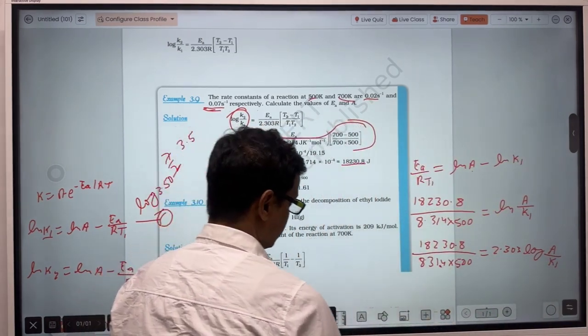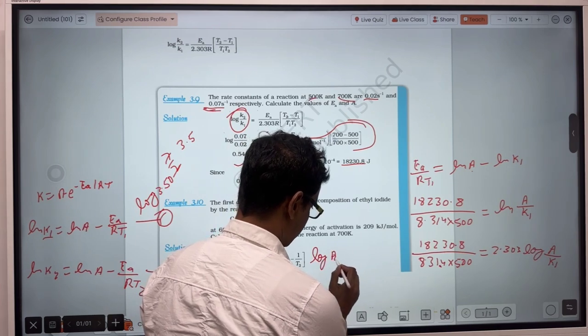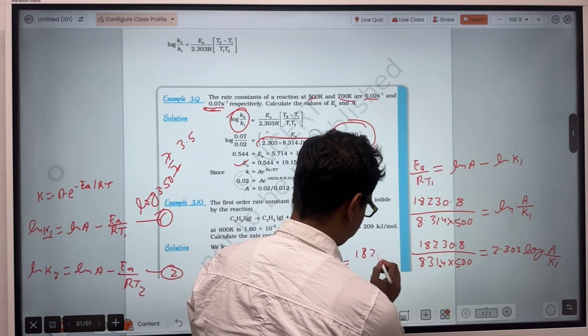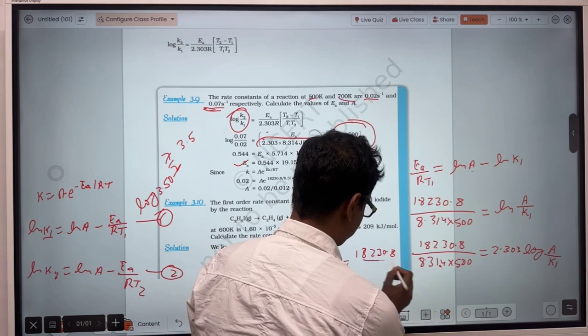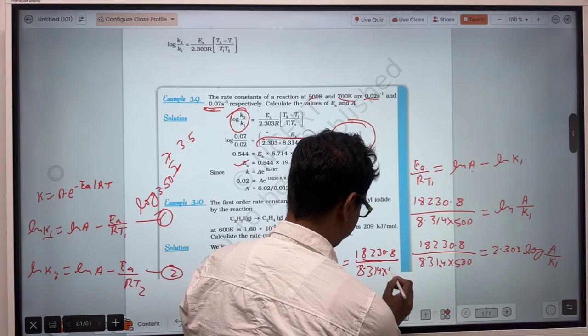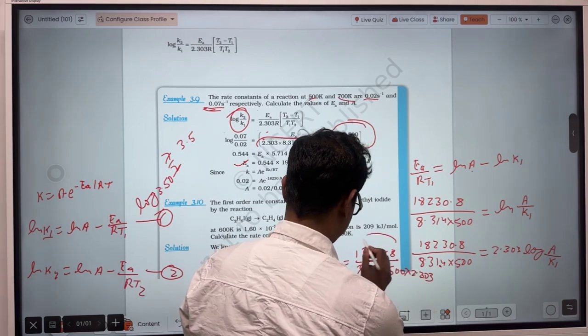So log A upon K1 will be equal to 18230.8 upon 8.314 into 500 into 2.303.